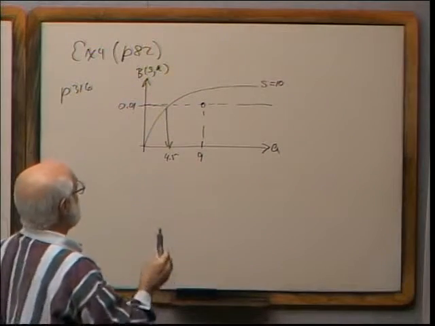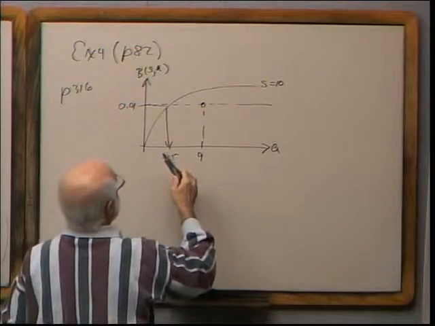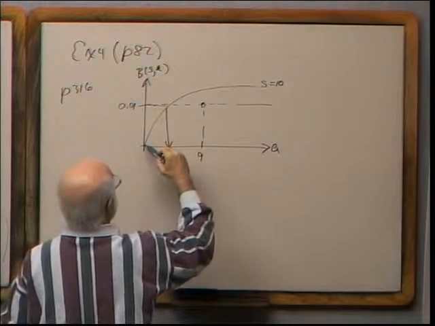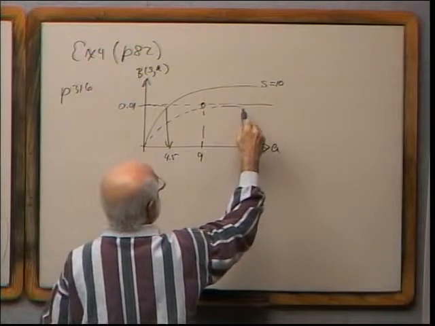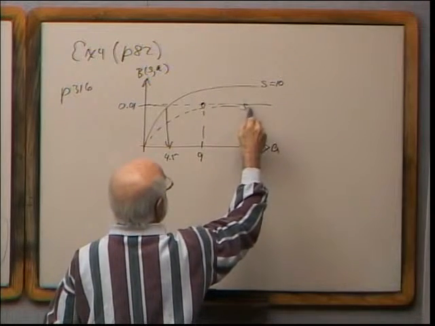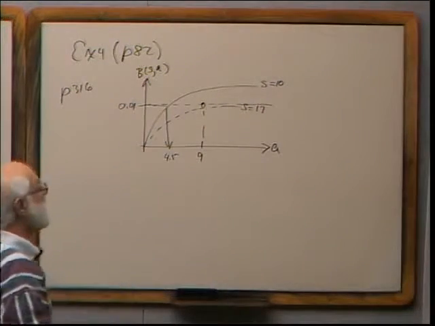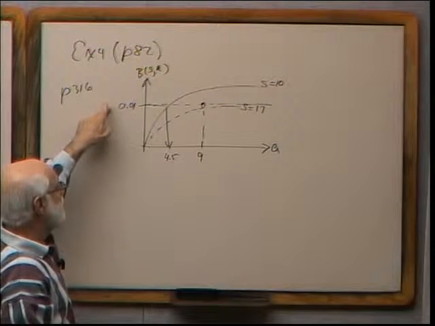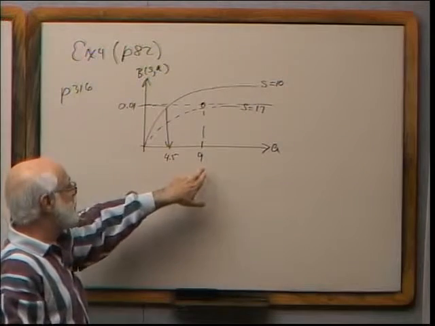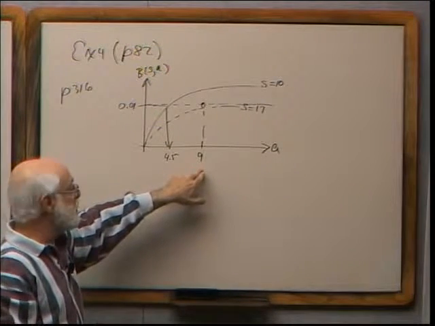So I could see from the graph that there's a curve that goes right by here. The closest one, according to the graph, would be S equals 17. So the answer is, if I have 1% blocking now with 10 servers, if I add 7 more servers and the load doubles, I'll still have the same probability of blocking.